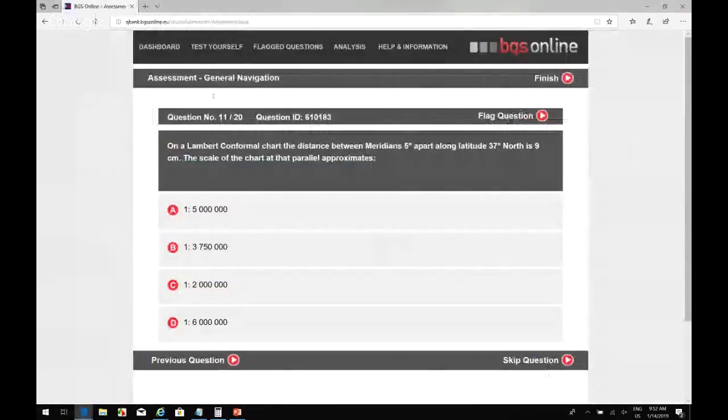On the Lambert conformal chart, the distance between meridians 5 degrees apart along latitude 37 degrees north. Lambert, okay, there's polar, Lambert, and then there's Mercator, isn't it?